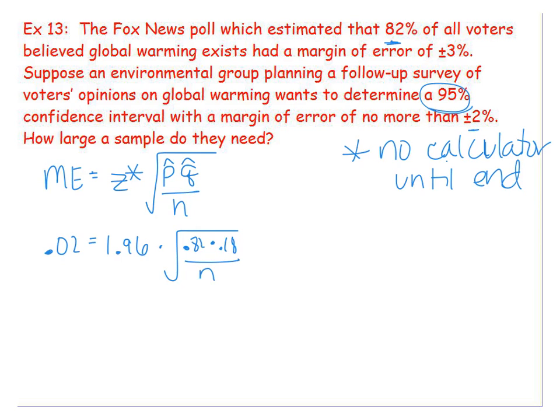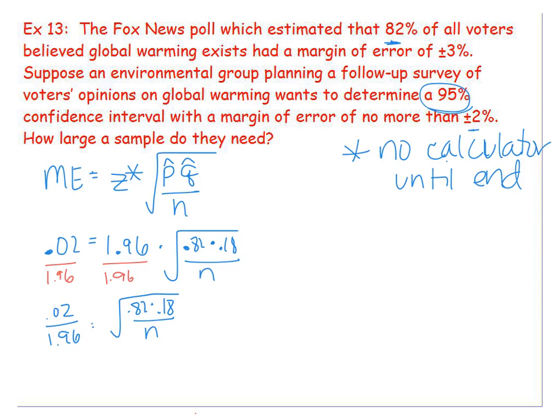we don't know. So I'm just going to break down step by step the easiest way to get to N. We're going to peel away the layers. The first layer is this 1.96, so we're going to start by dividing both sides by 1.96. Again, no calculator. So we have 0.02 divided by 1.96 equals the square root of 0.82 times 0.18 divided by N. So what's the next piece here that we need to peel away?